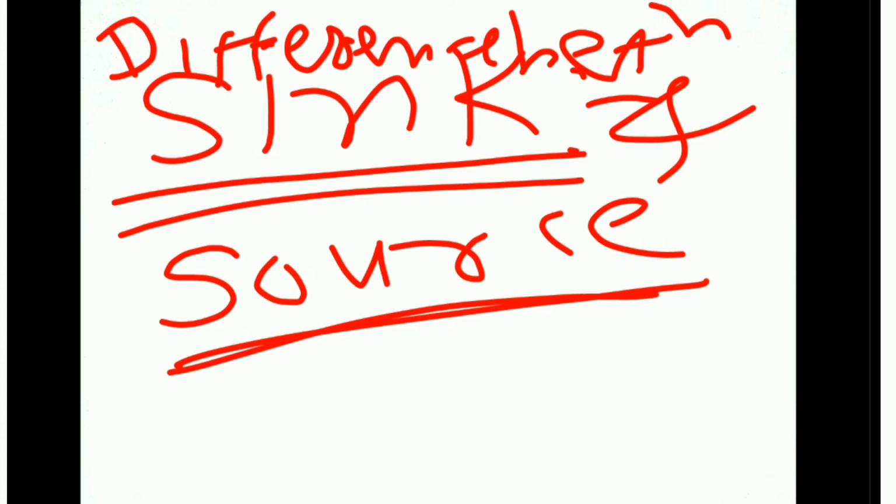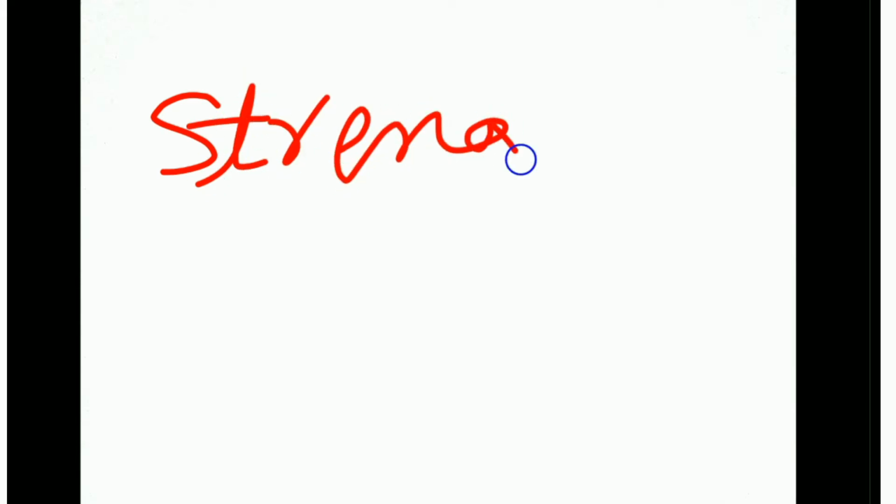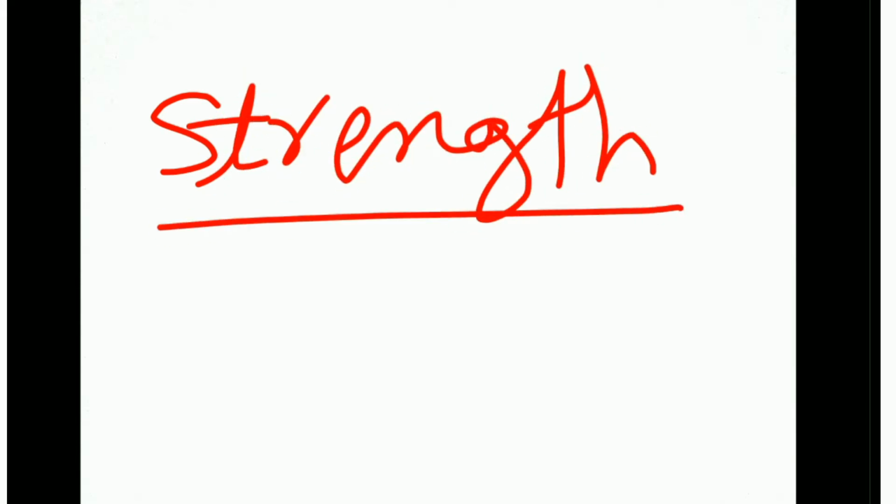Now, what is the strength? Strength of a source is defined as total volume of flow per unit time from it.